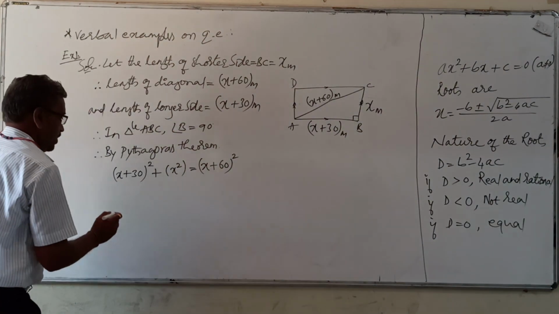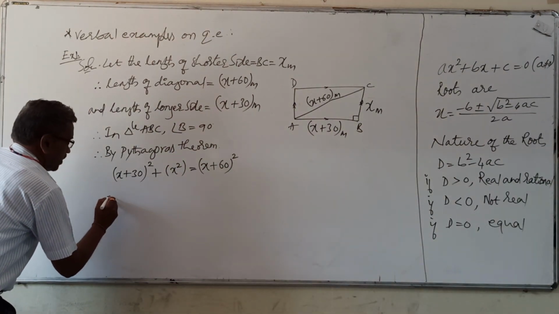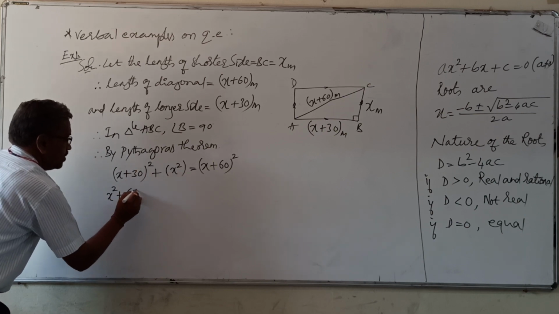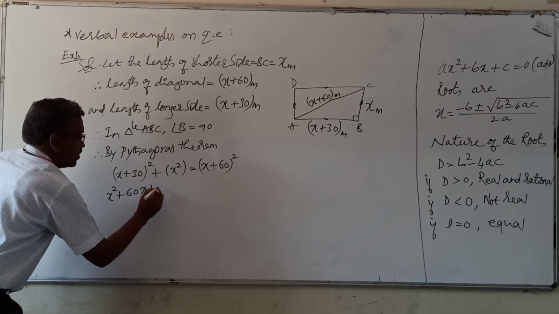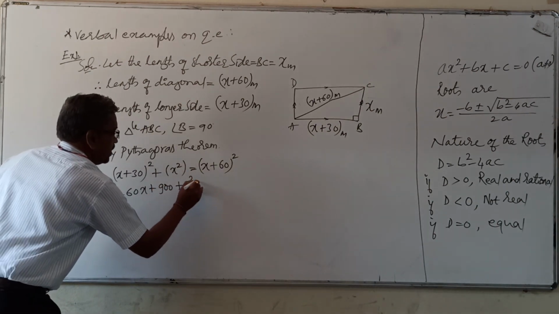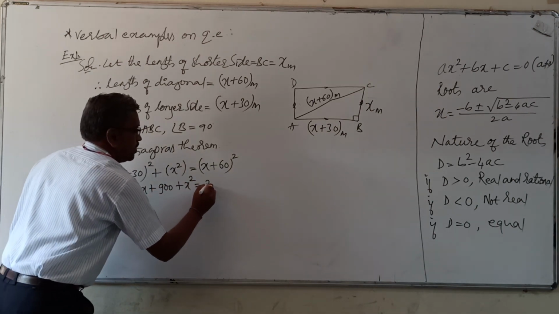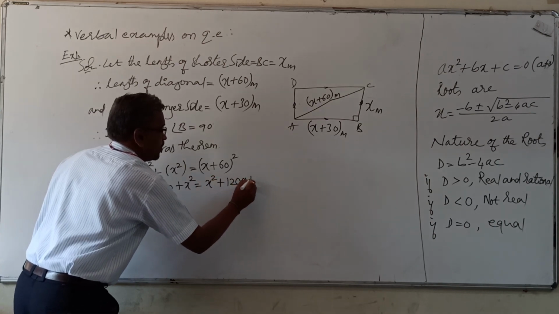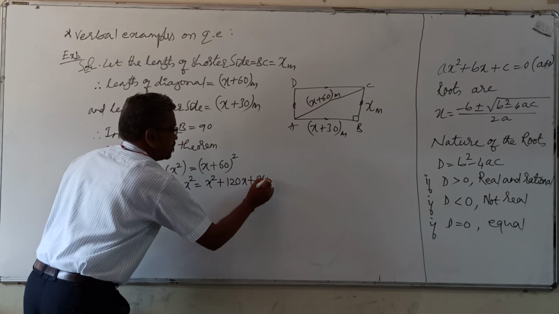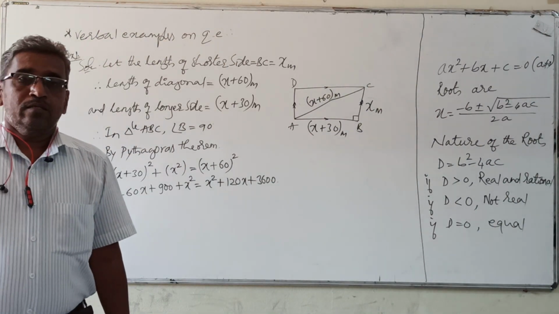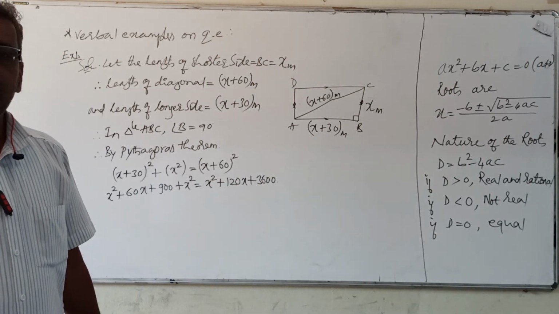So simplify. (a plus b) whole square: x square plus 2 times 30 is 60x plus 30 square is 900, plus x square equal to x square plus 2 times 60 is 120x plus 60 square is 3600. Simple simplification.